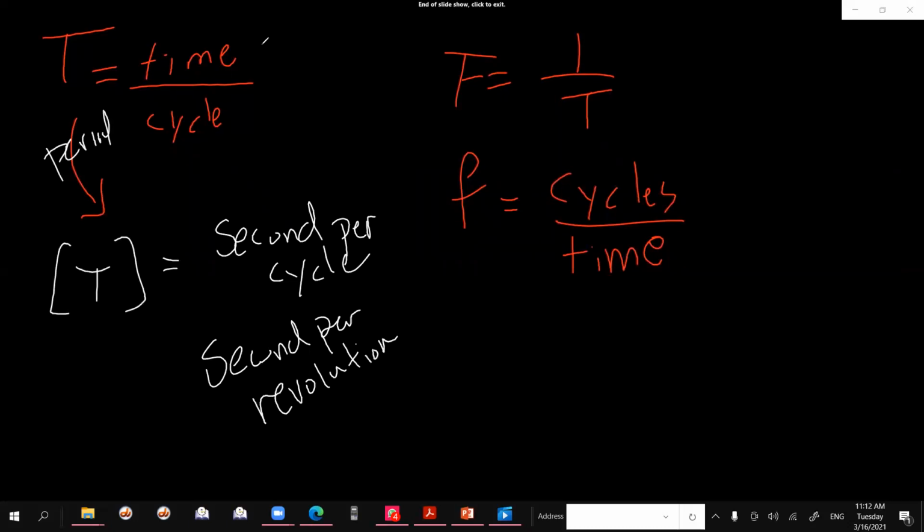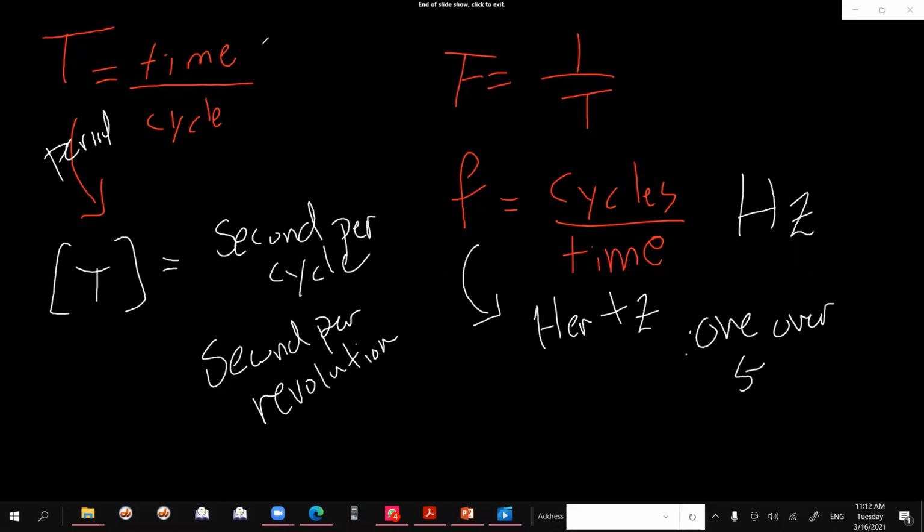Now, what's the unit of the frequency? The unit for the frequency is hertz, and we write it as Hz, which is 1 over seconds. So the period is time over cycle, and its unit is second per cycle or second per revolution. A frequency is a reciprocal of the period. This is the second term that we have to know. The frequency is the number of cycles over time, and its unit is hertz. Hertz means 1 over seconds.